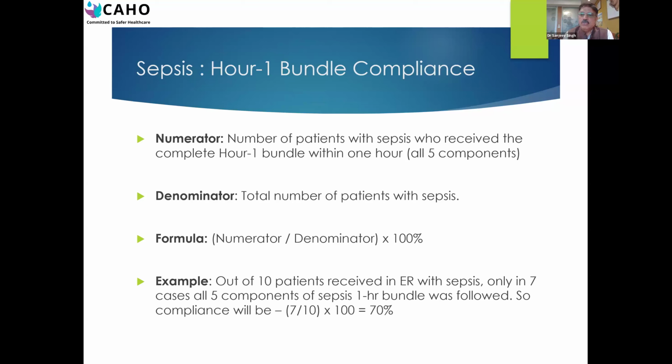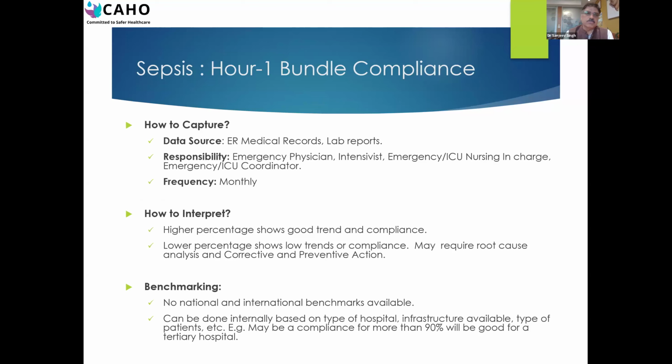Infection with organ damage is a very simple example, and that should be tracked whenever there is a life-threatening condition. You could benchmark it within your institution because you have your own data. If 10 patients are septic and you did 7, that's 70%.